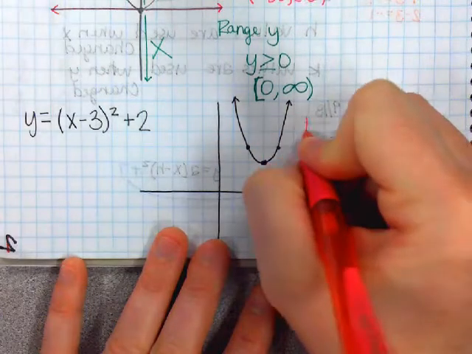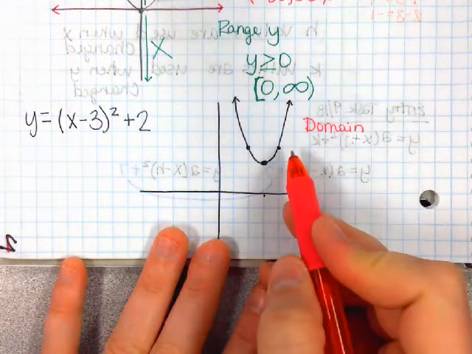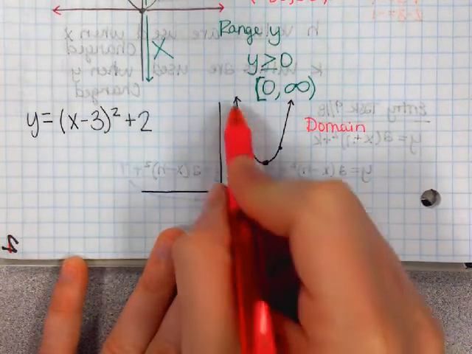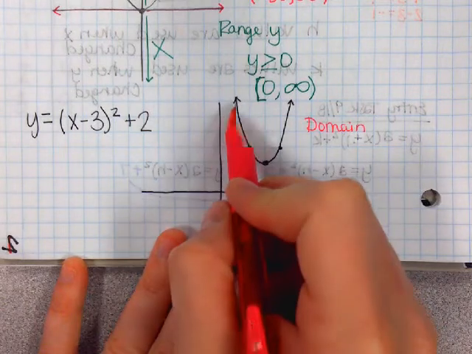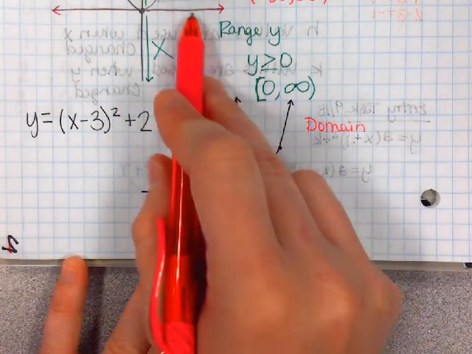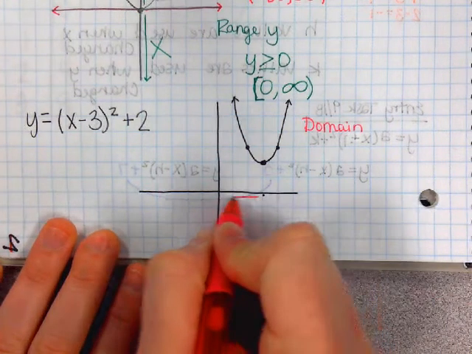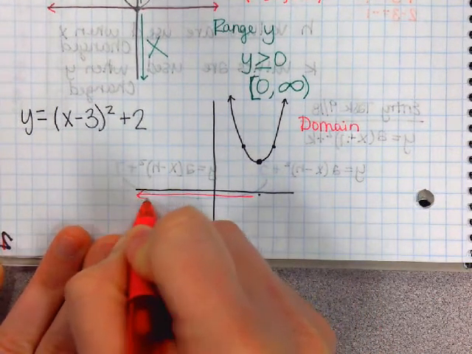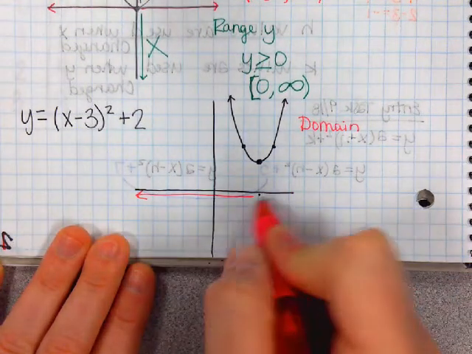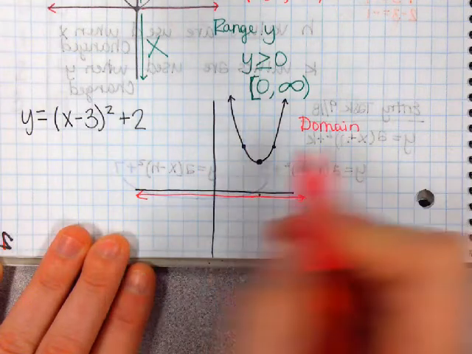Let's look at the domain. The domain of this function, it looks like it stops there, but remember those arrows are important. It would keep going and going. So it actually is any negative number and any positive number.